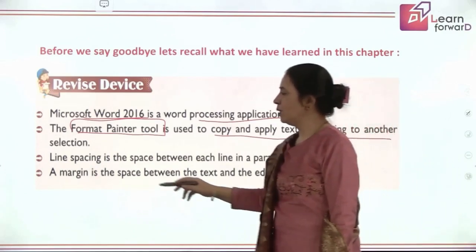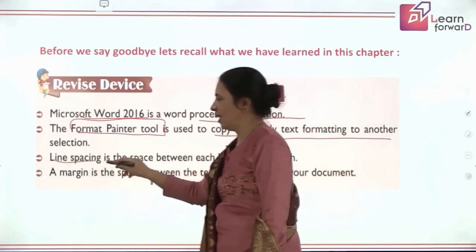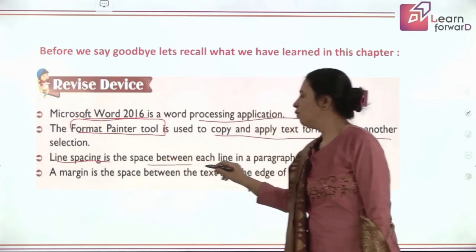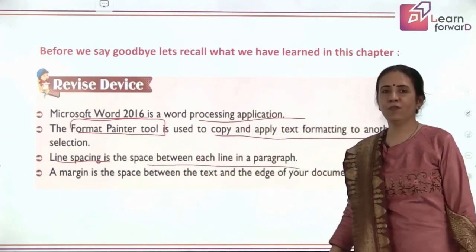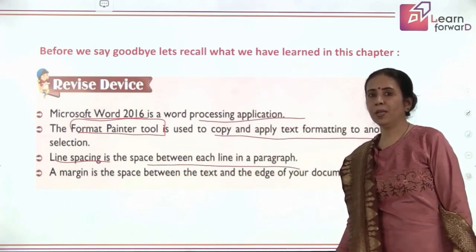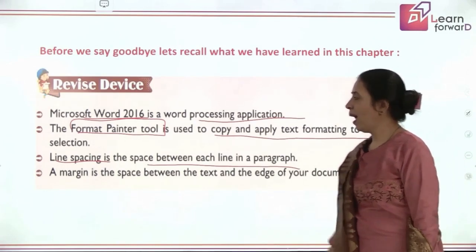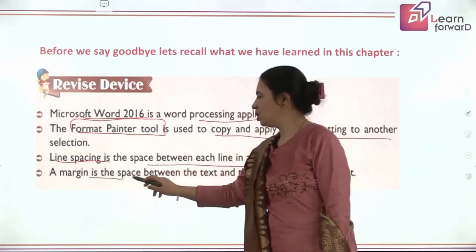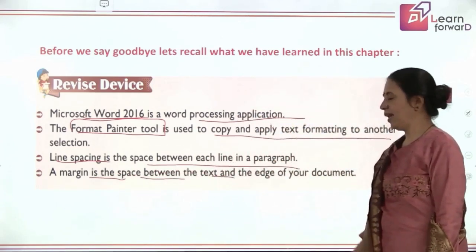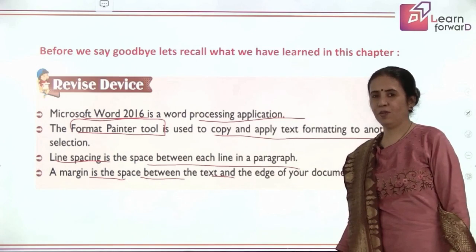And we also learned about line spacing in the previous video, where we learned how to give the line spacing between the consecutive lines of the selected document, and a margin. What is a margin? It is a space between the text and the edges of the document.